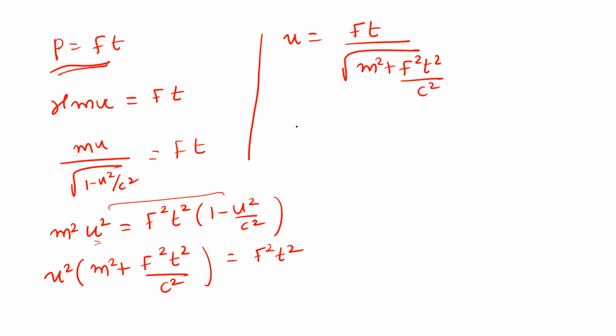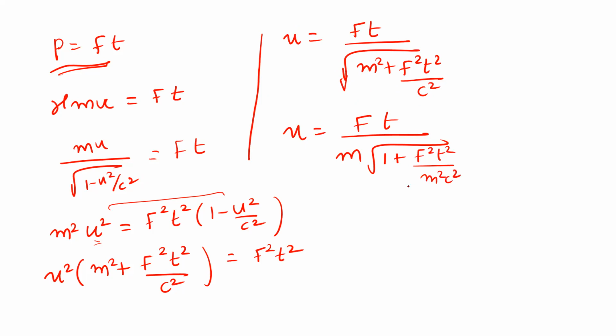Now, in the answer, it was given in a slightly different form. You pull this m square outside. So, Ft divided by m, divided by the square root of 1 plus F square t square divided by m square c square.